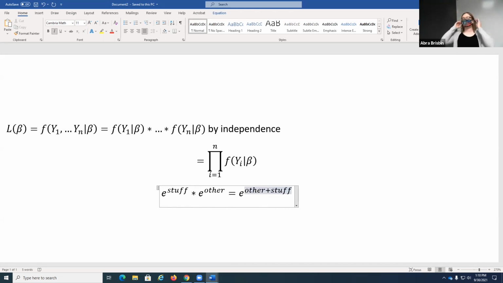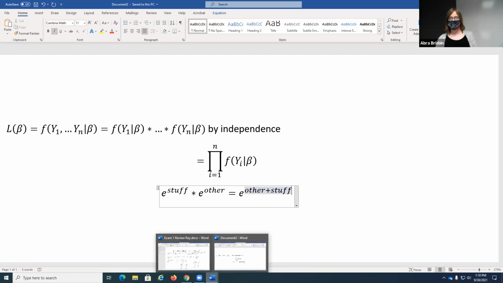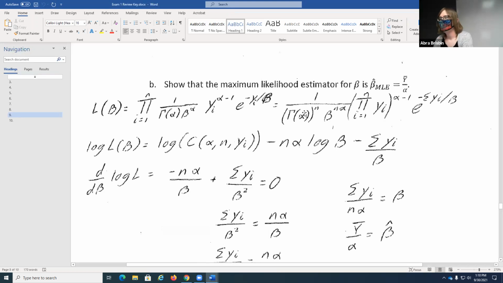So this is applying our principles from high school algebra of working with exponents. It just looks more complicated here because the things in those exponents have subscripts on them. It's e to the negative y sub i over beta. So here we're going to end up with e to the negative sum of the y sub i's over beta.